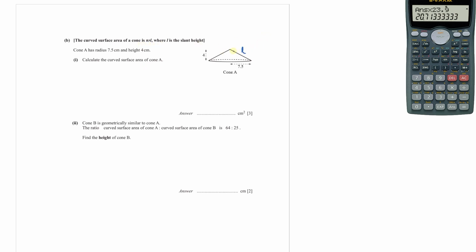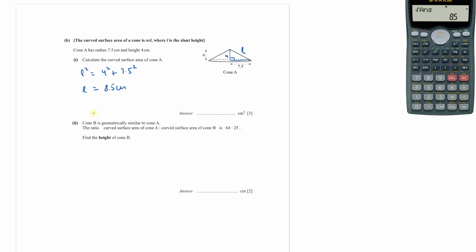So if the perpendicular height at the center is 4, this is a right angled triangle, and I can use the Pythagoras theorem to calculate L. So L squared will be 4 squared plus 7.5 squared. So L equals the square root of 4 squared plus 7.5 squared.